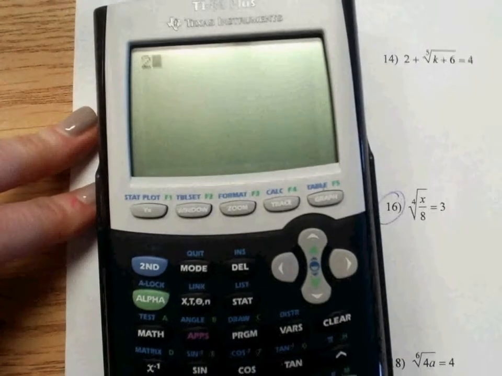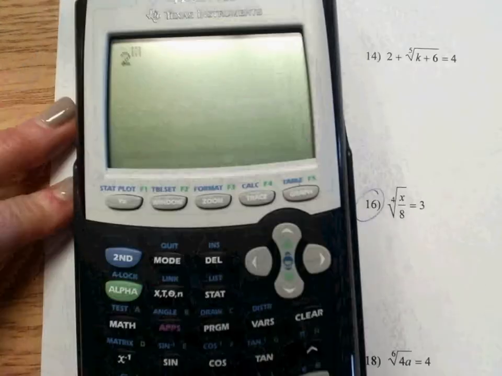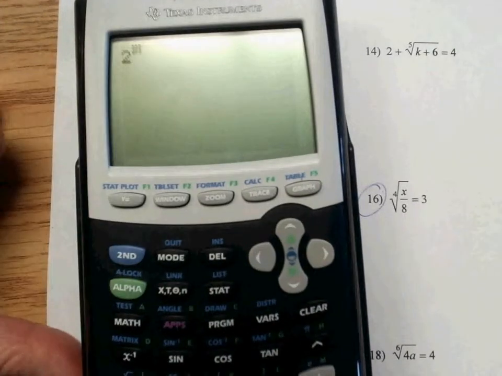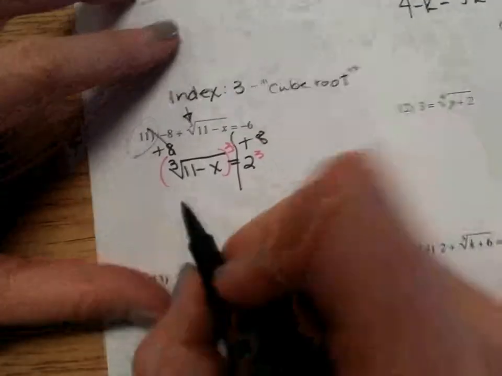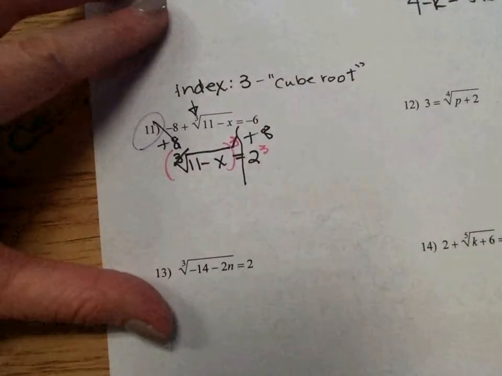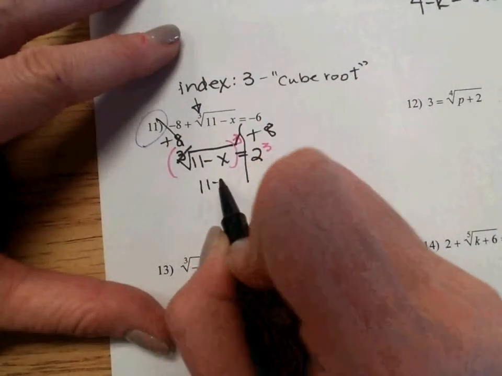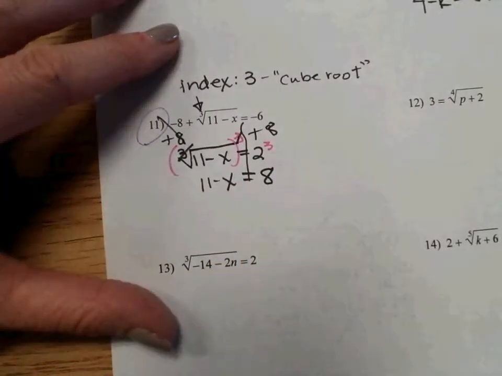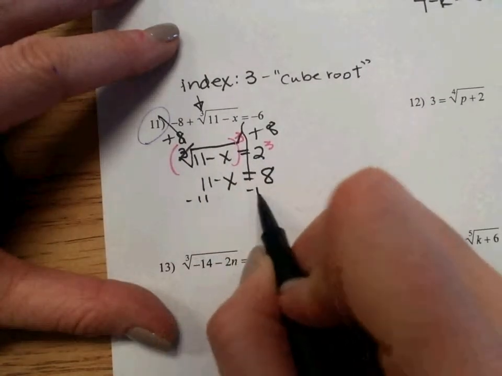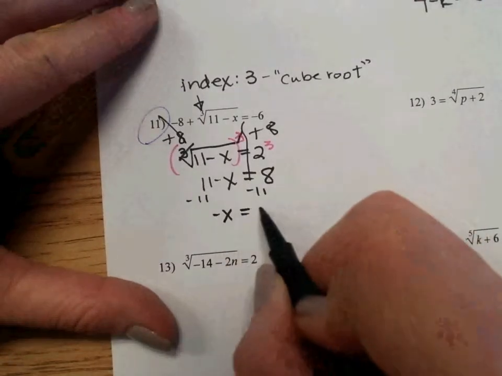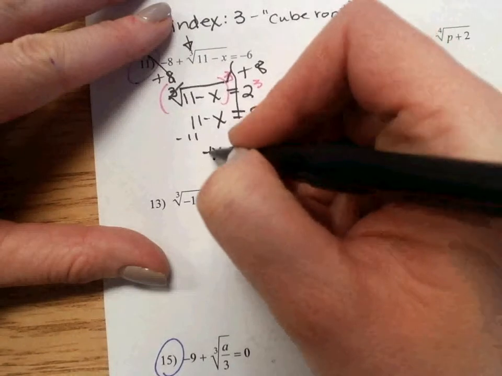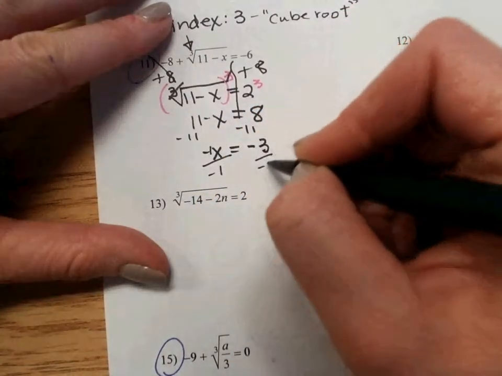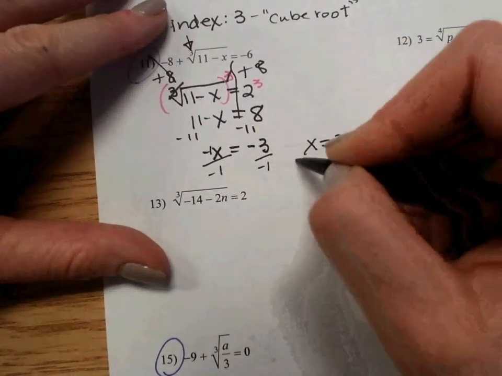I type in 2, and then the caret button gives me the exponent, and I type in my 3, so now I have 8. 2 times 2 times 2 is 8. So then the cube and the cube root cancel out. I have 11 minus x equals 8. Subtract 11 from both sides. Negative x equals negative 3. Since this is a negative, we're going to divide both sides by negative 1. So x equals positive 3.